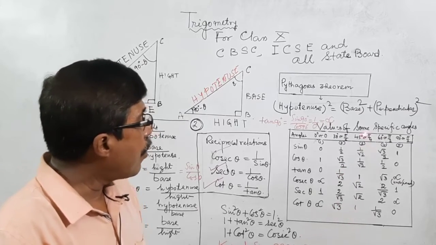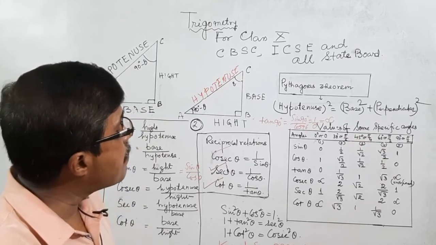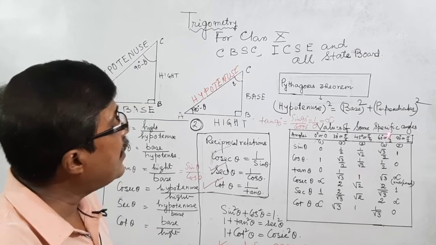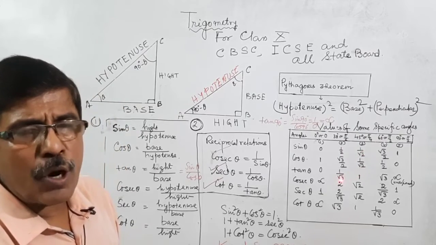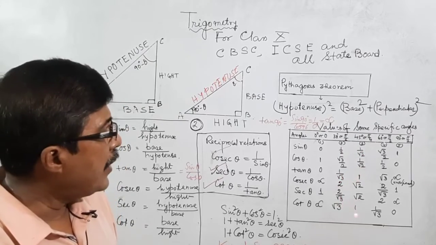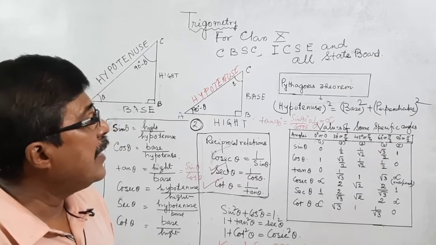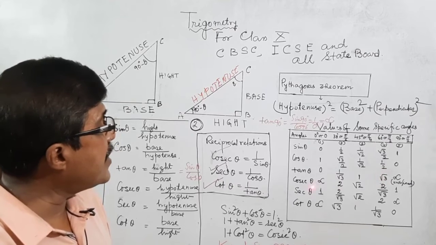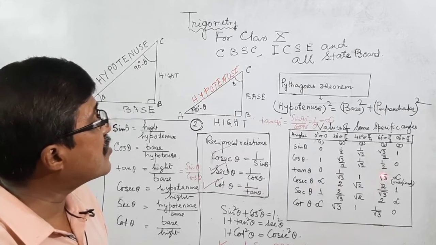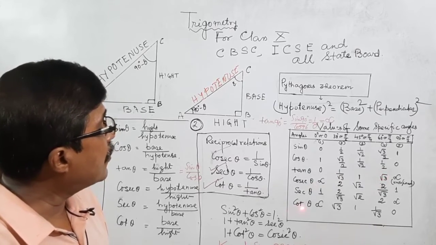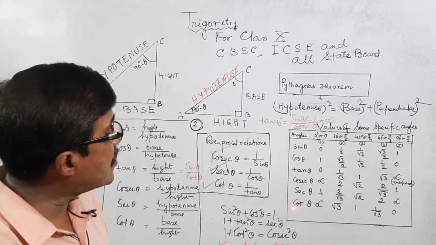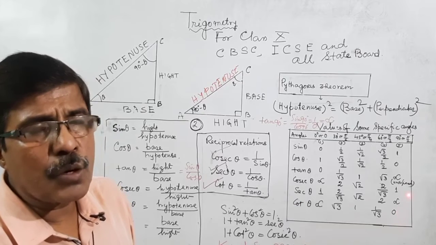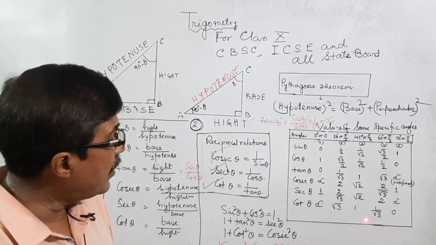Then cot 45 equal to 1 by tan 45 equal to 1 by 1 equal to 1. Tan 60 equal to root 3, so obviously cot 60 equal to 1 by tan 60 equal to 1 by root 3.